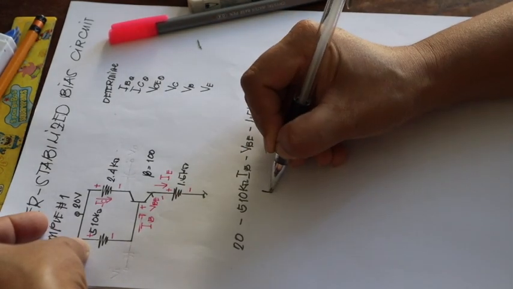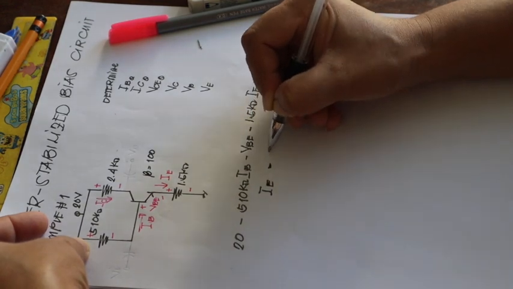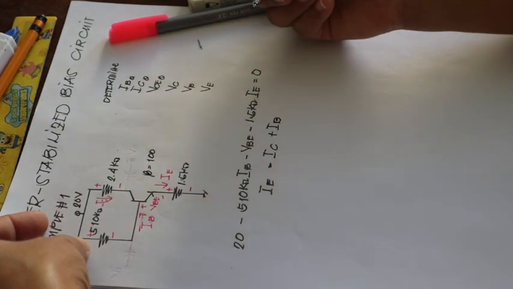So, remember our basic equation, IE or the emitter current is equal to the sum of the collector and the base current.